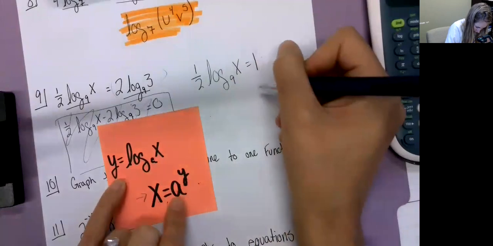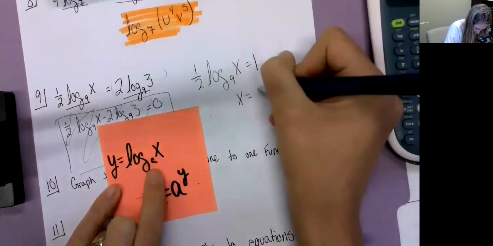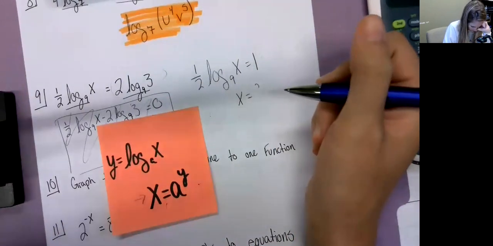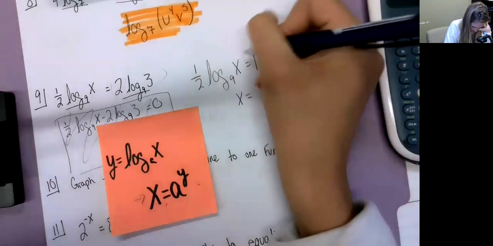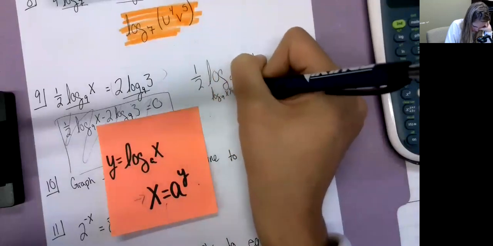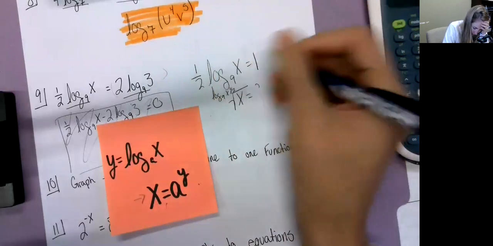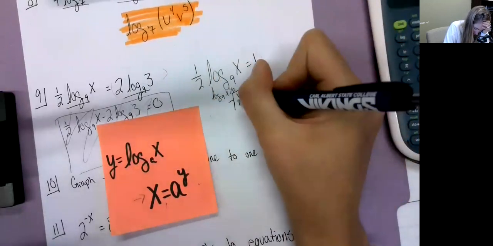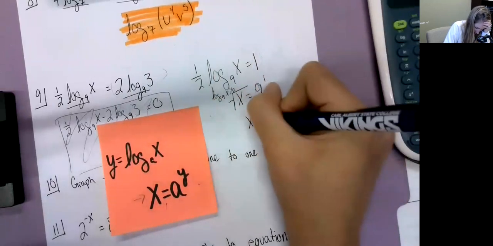My 1 is my y, my x is x, so x equals, but this 1/2 would be here, so I'd have log 9x to the 1/2, which is going to be the square root of x, because anything raised to that half power equals 9 to the first power, so the square root of x equals 9, so then x equals 81.